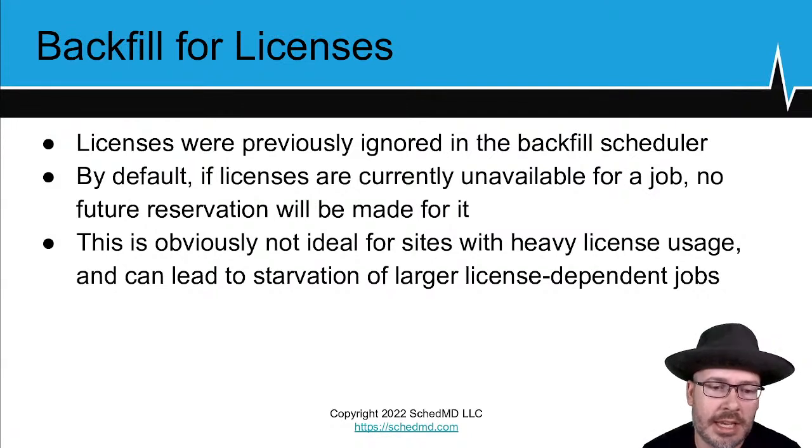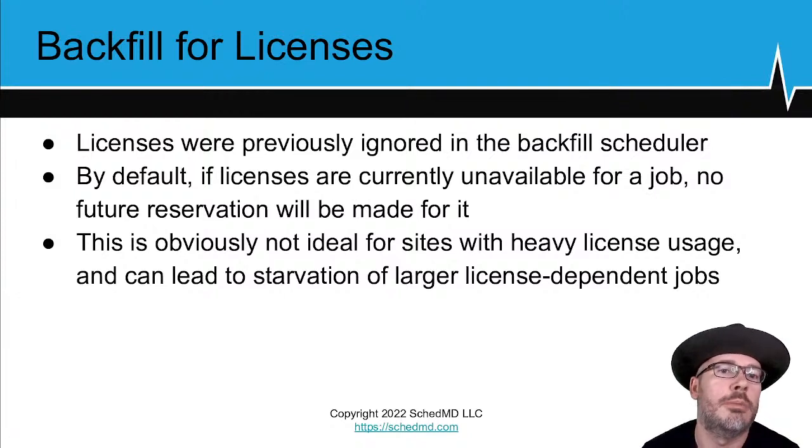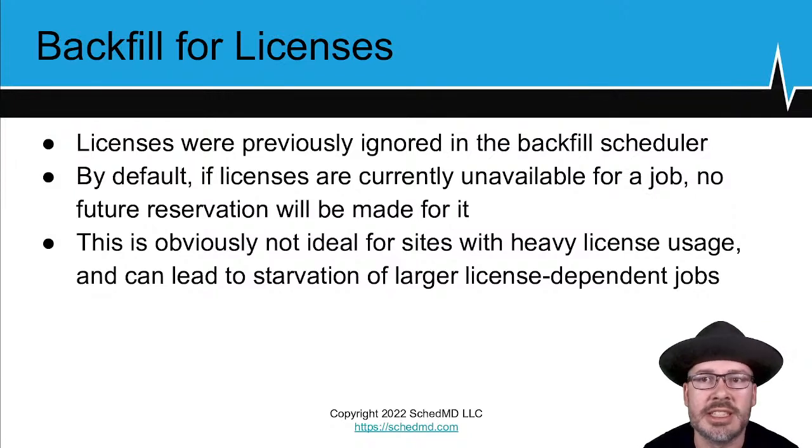This means that in systems that don't turn on this new functionality, if you have stuff with a higher priority that is blocked pending on licenses, it might inadvertently be starved. It may have the compute resources it needs backfilled out to other compute jobs that can launch immediately that aren't blocked on licenses, while it still sits there and waits for a perfect opening for those licenses to be available. Obviously, this is not ideal.